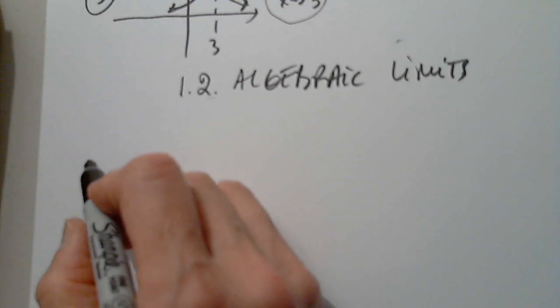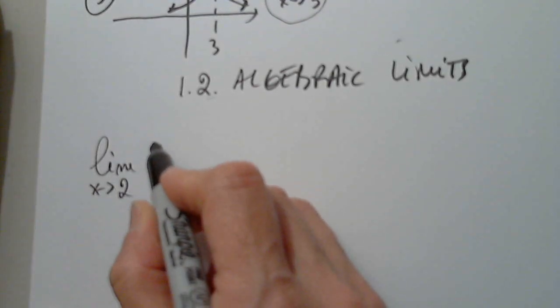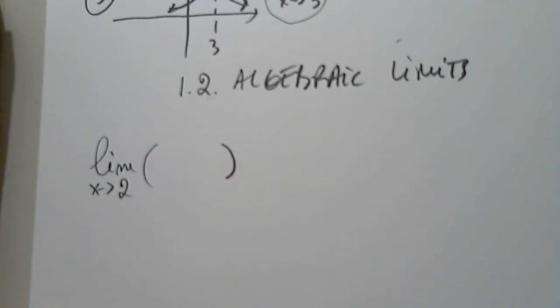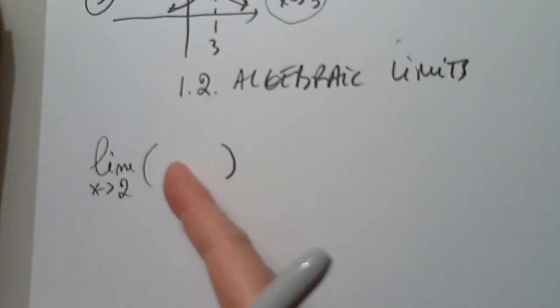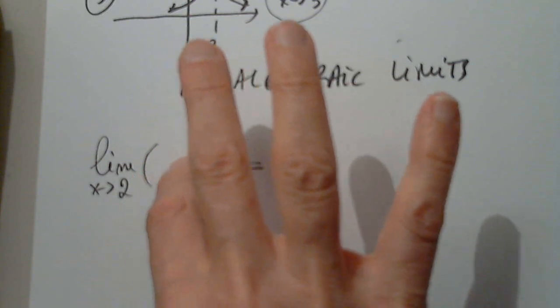So if we look at the limit as x approaches 2 of a polynomial function, can anyone give us a polynomial function? Degree 1, 2, 3, whatever you want, any polynomial function. So we can determine the limit when x approaches 2.